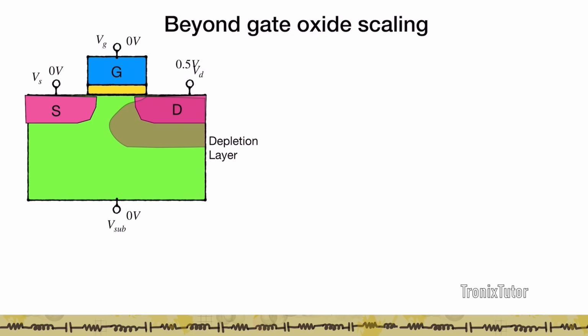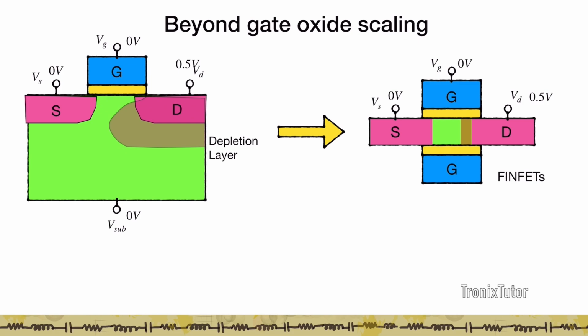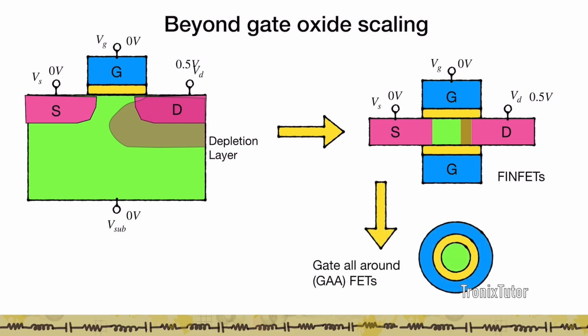Obviously, the next step, which happened in the late 2000s, was the transition from a planar MOSFET to a double-gate structure, or the FinFET, or the tri-gate as we know it. And then of late, foundries have been transitioning to a gate-all-around structure where the channel is surrounded by the gate on all its sides.